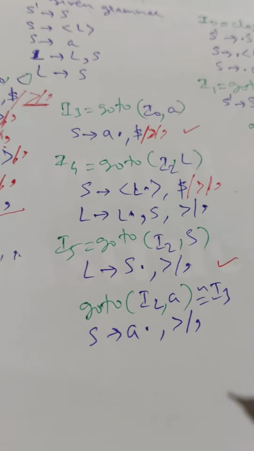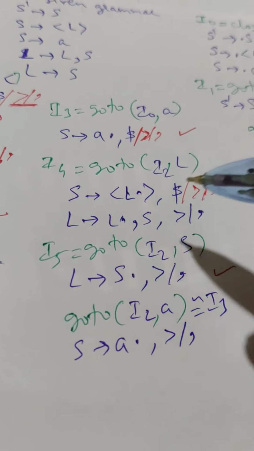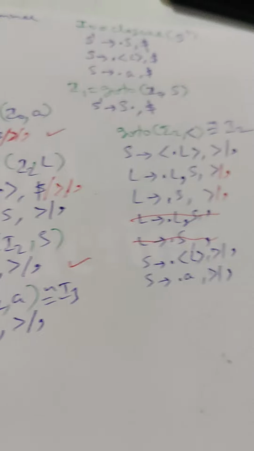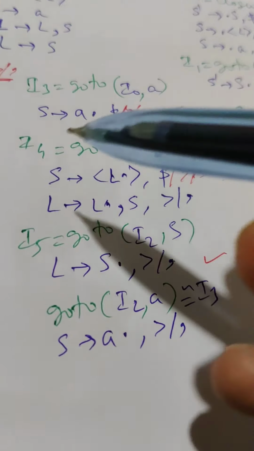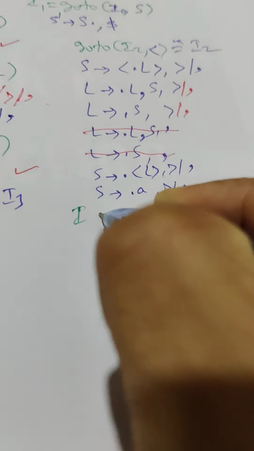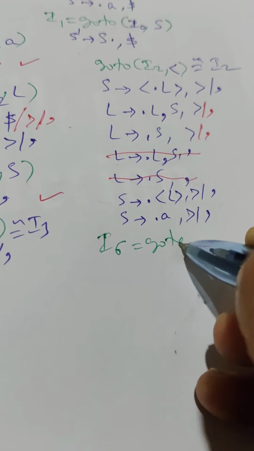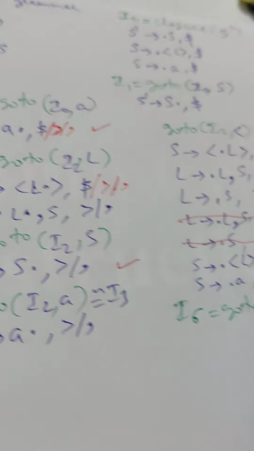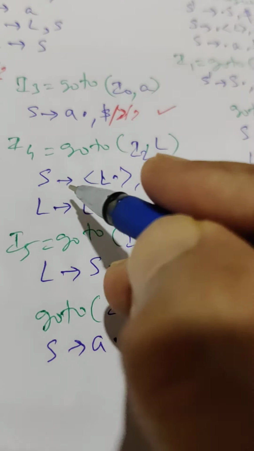Okay, done. So now atom number 2 is over, atom number 3 is over, atom number 4 now. So that's going to be atom number 6. Number 6 is goto of I4 comma greater than sign, so it's going to be atom number 4 with greater than sign, and we have to copy this rule along with the lookahead.